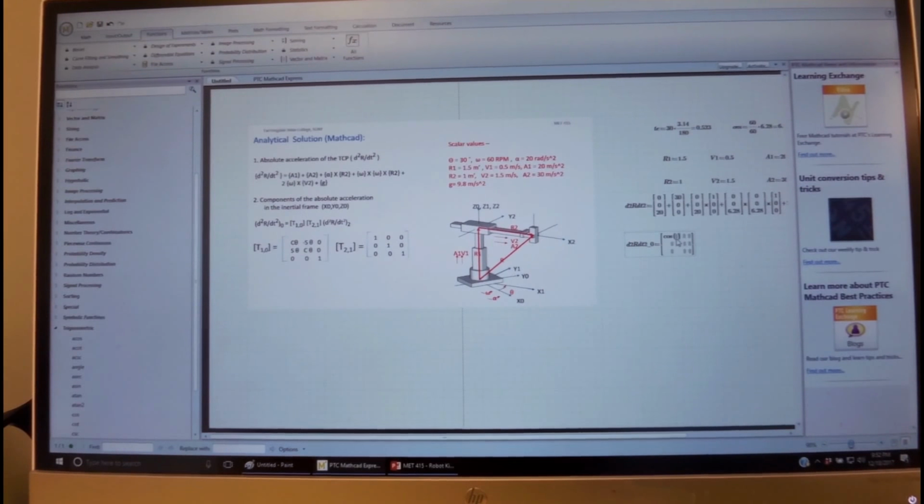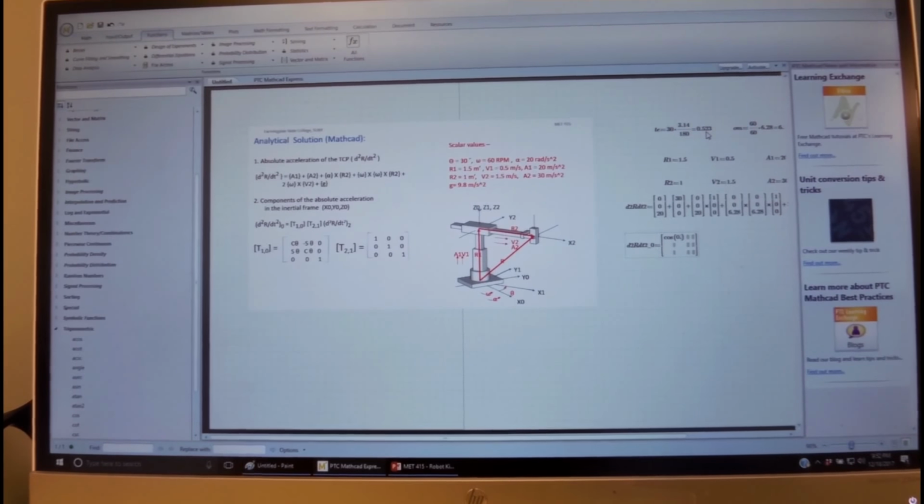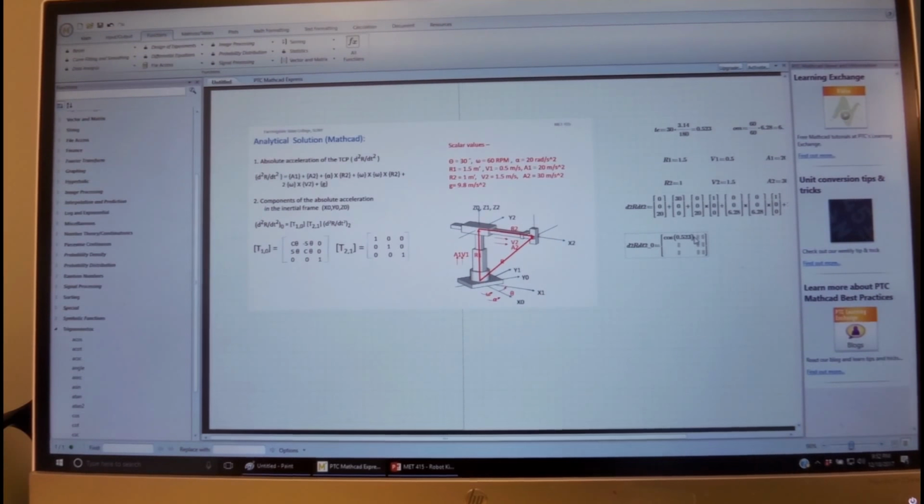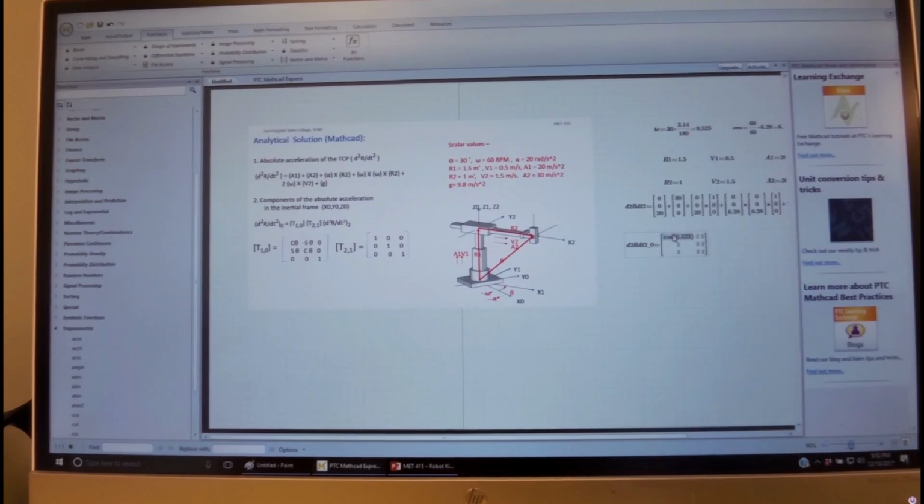So that's cosine of 0.523, and we can copy this and put this also over here. And over here we have 1. This is 0. This is 0. This is 0. This is 0.